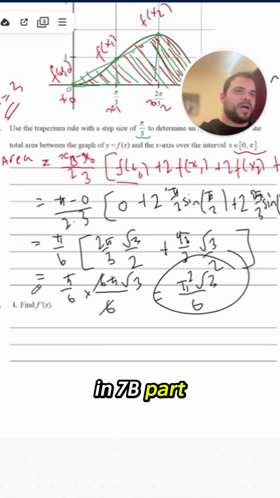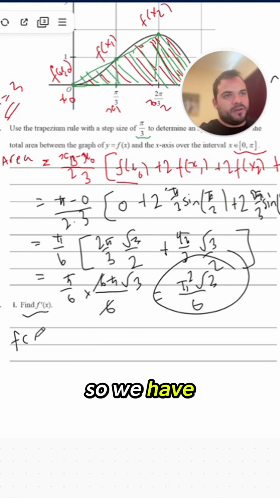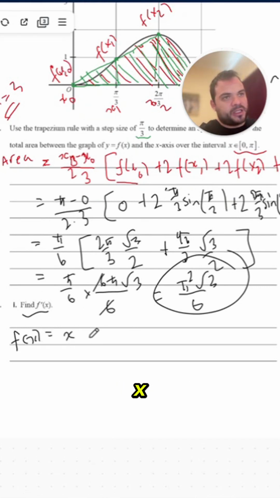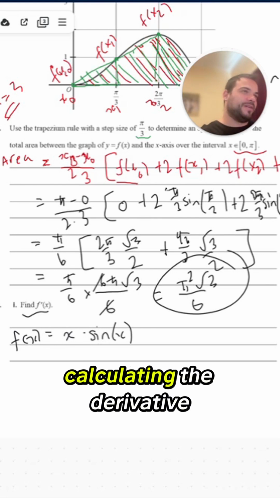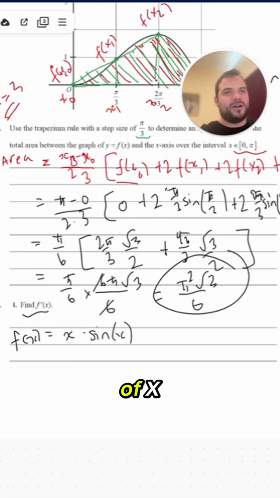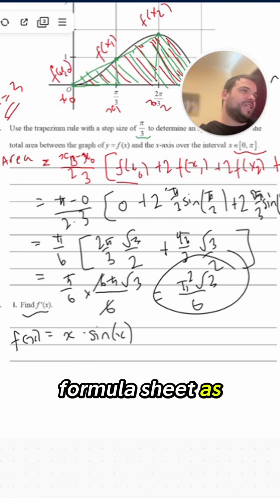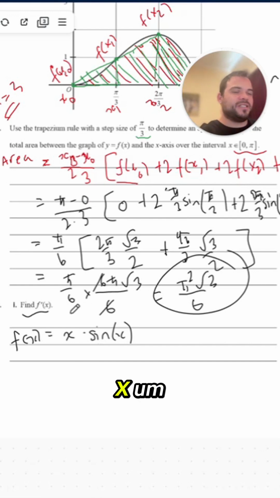In 7b, part 1, we're asked to find f dash of x. So we have f of x is x sine x. We know how to find the derivative of x and sine x separately. If you need, the formula for calculating the derivative of x is in the formula sheet, as is sine of x.